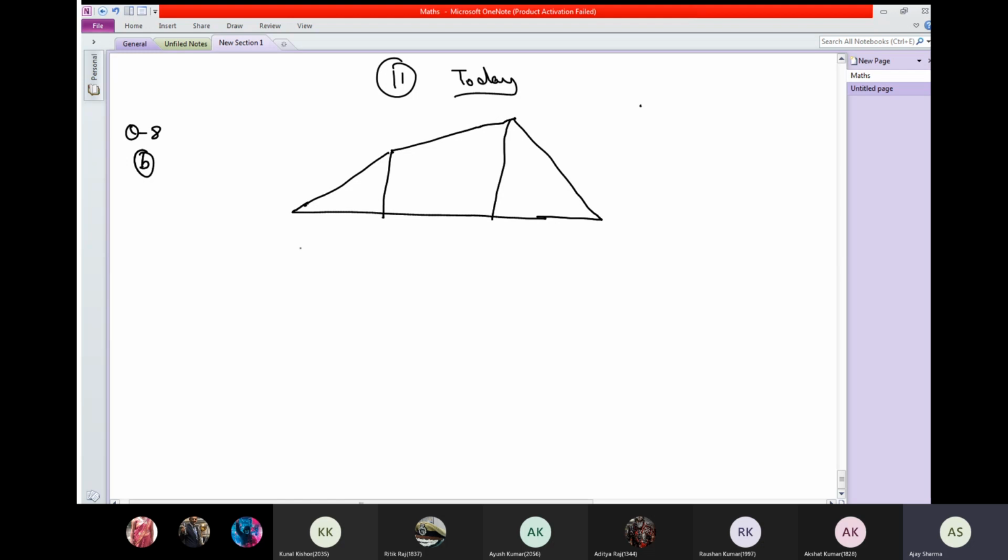And below is also a triangle. Now, name it BQ. BQ. And it's A, P, C, R, D, and the last one is E.